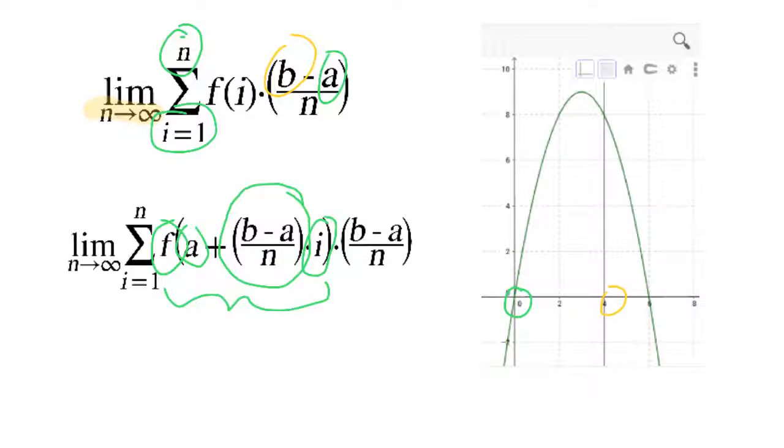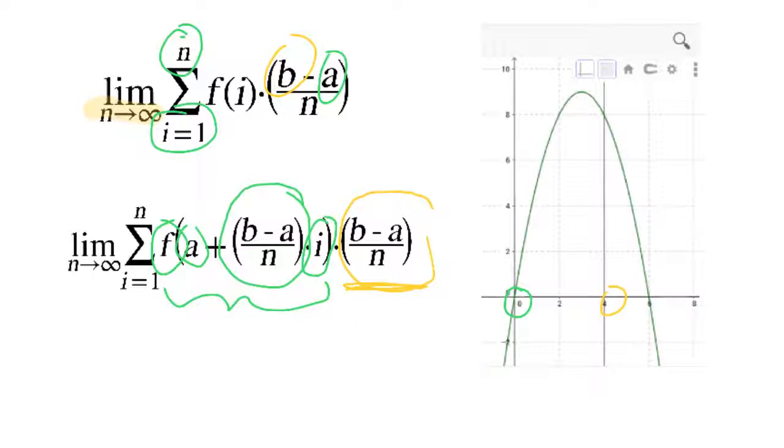The nice thing is, because all these things are the same width, this is being multiplied by the width of the rectangle. Okay, so the yellow part that I circled, this part right here, is a constant.